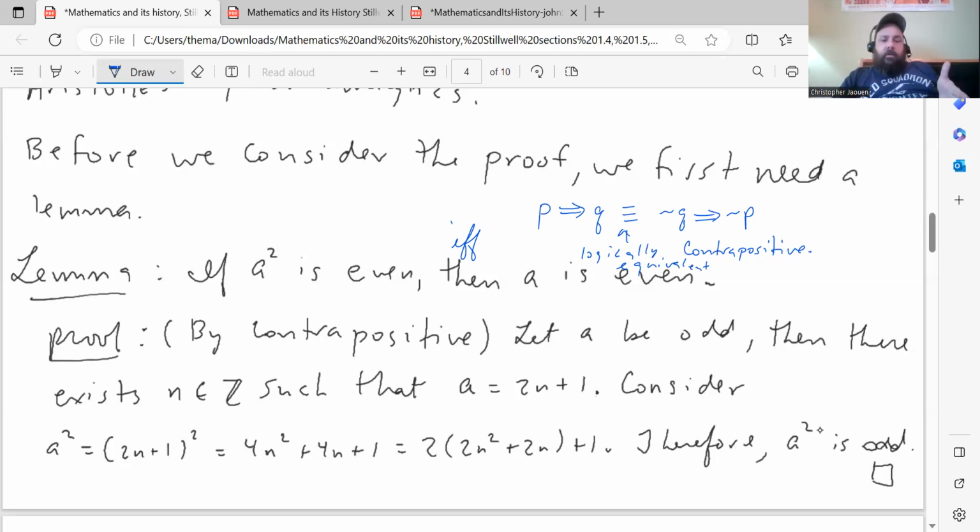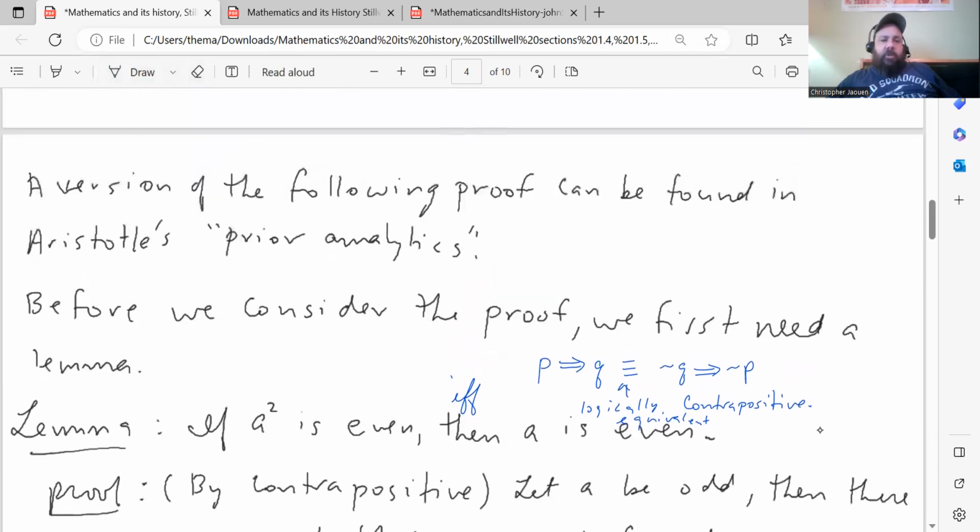So using that lemma, we can prove that square root 2 is irrational. And he says here, which this book I don't have, so I can't look it up, but this is a well-known proof anyway. A version of the proof that I'm going to show you in a second can be found in Aristotle's Prior Analytics, which again, I don't have a copy of, and I'm not very read in Aristotle's oeuvre, I guess.